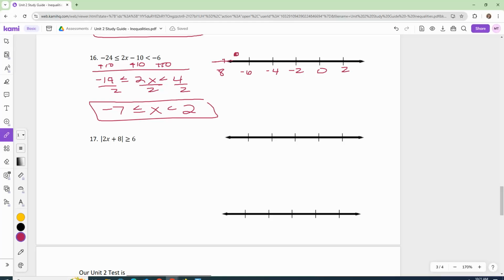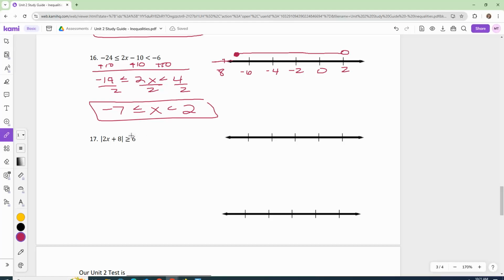At the negative 7, that one had my equal to, so that one is closed. But the 2 is open, and then it's just in between those. Okay.